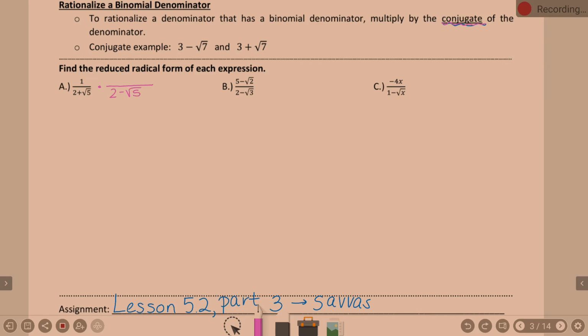Now, you guys have done fractions for a few years at this point. If you multiply the denominator by 2 minus the square root of 5, then you have to multiply the top. So we're going to multiply top and bottom by 2 minus the square root of 5.